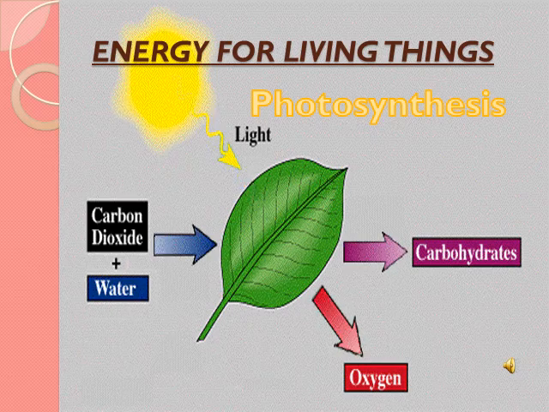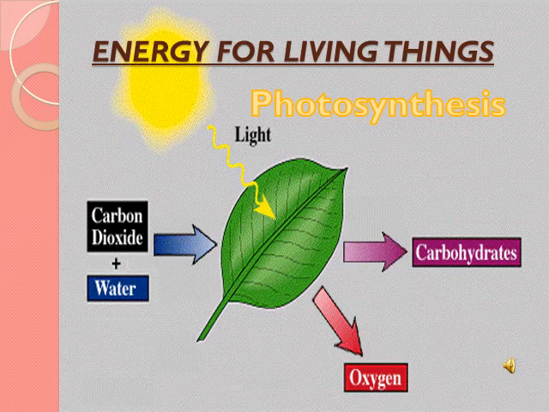In the presence of sunlight, you can see the yellow color, the sunlight, carbon dioxide and water all mix together and form the food, and that food is called sugar. In this process, oxygen gas is also released into the environment.